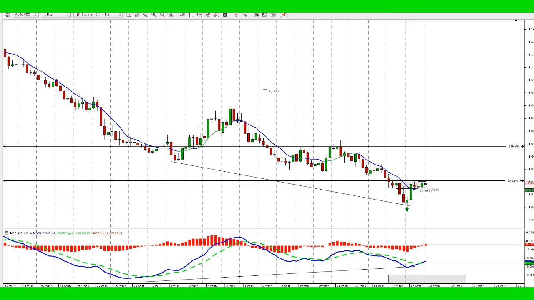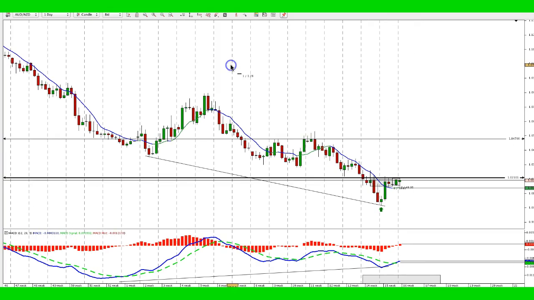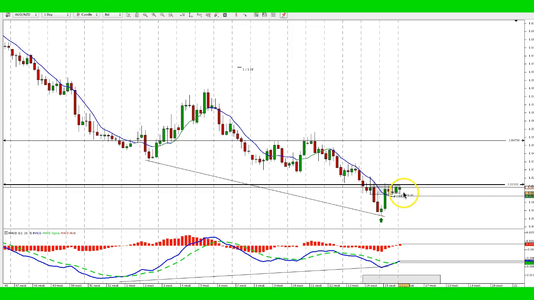Now the big trade that I'm looking at is this one here, Aussie New Zealand dollar, and it's been consolidating all week long, and it's starting to find support at the 1.0150 area. I'm looking for a break above that 1.0210, and once it does this, because this is a morning star with positive divergence, we should see a 2 to 3 or maybe 400 pip move on this pair.